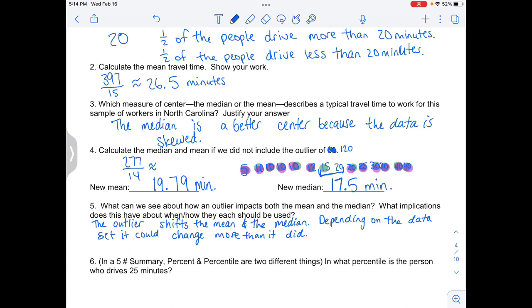If you think about the ring example I brought up earlier, that would make it change a lot more because you have bigger numbers, like a couple $1 million is bigger than 120 minutes. The mean should be used when the data is normal, and the median is better for skewed.